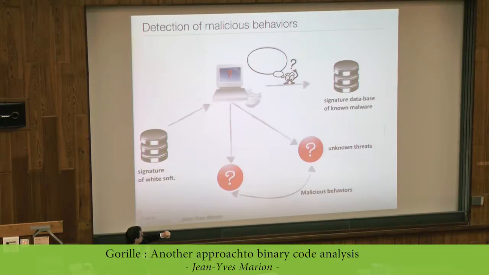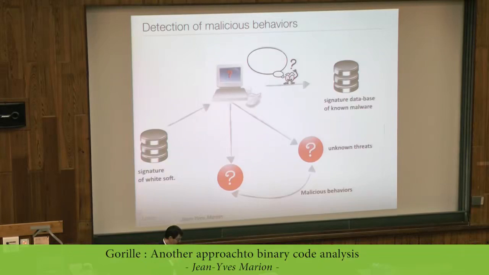What I'm going to show you is that you have some new ways to detect malware using some database of signatures, which are based on the control flow graph of the malware, and using some signatures of white software, white applications, white libraries, which are not forbidden to be run on the system.